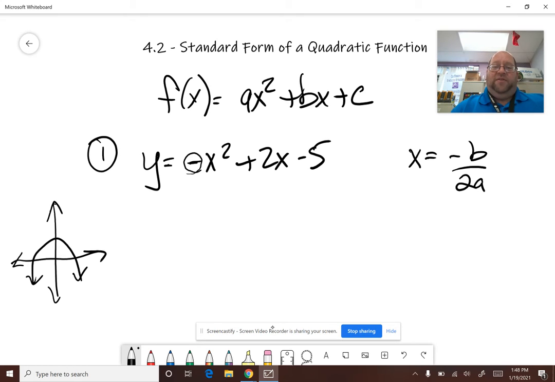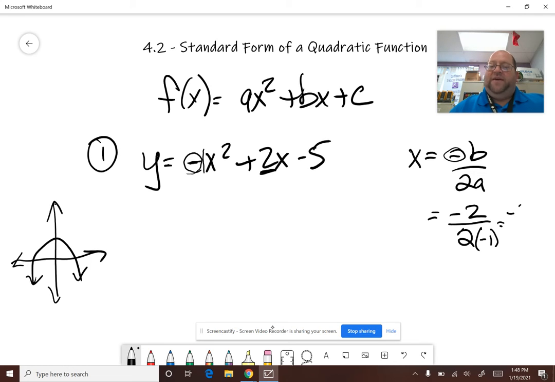Where b is, we have a 2 here. So I'm just going to put in a negative 2 right there. Again, the negative is always there in the formula, and the 2 I just derived from right here as b. Over 2 times a, and what is a? Well, I don't see it, but I know that there is a 1 there. So that is actually negative 1.